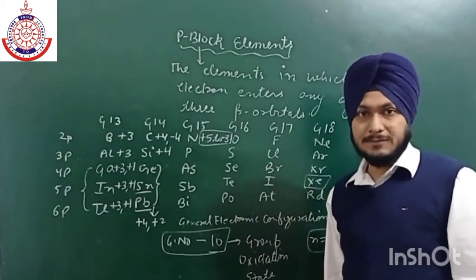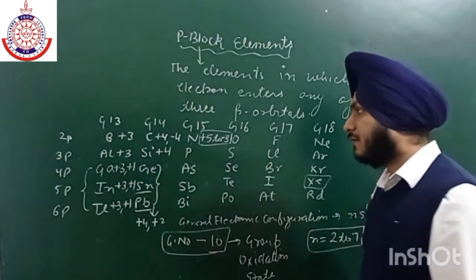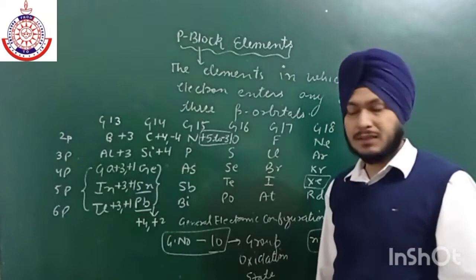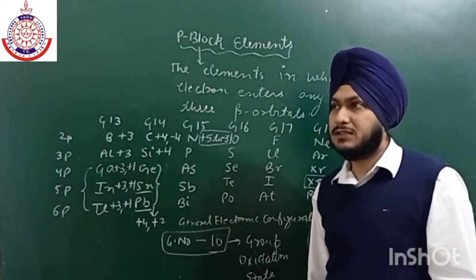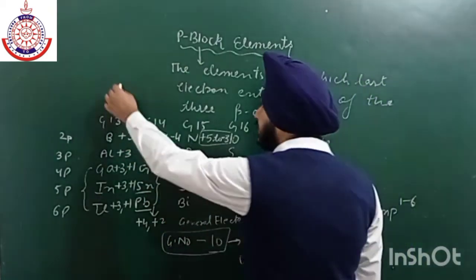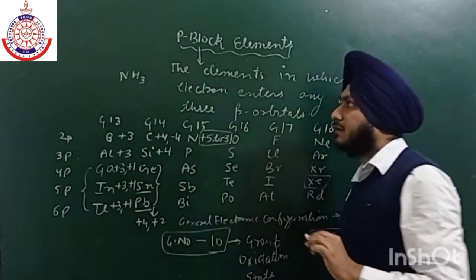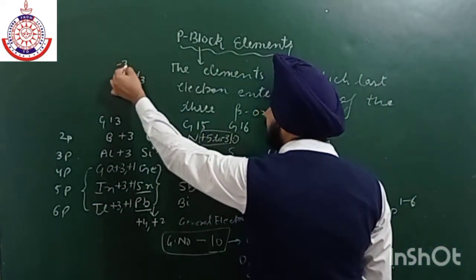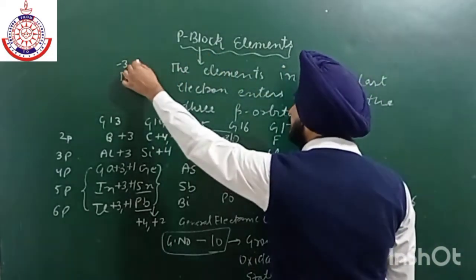With a higher electronegative element, like in case of NF3, it is +3. And if it is combined with a lower electronegative element like NH3, here nitrogen has an oxidation state of -3, and hydrogen is +1.